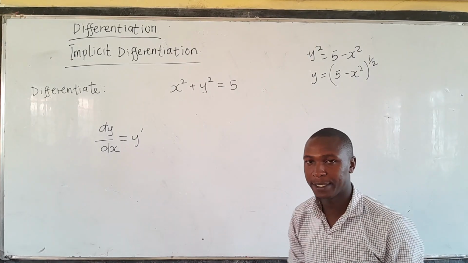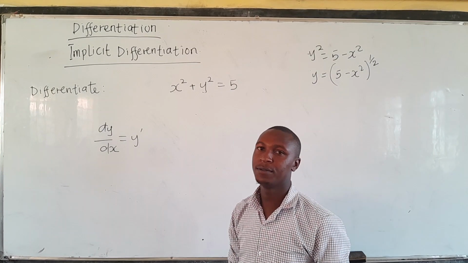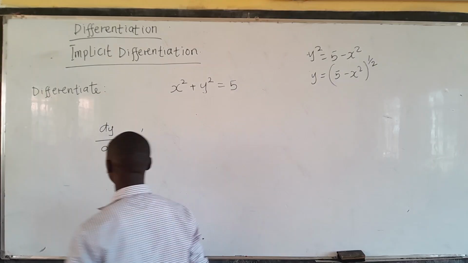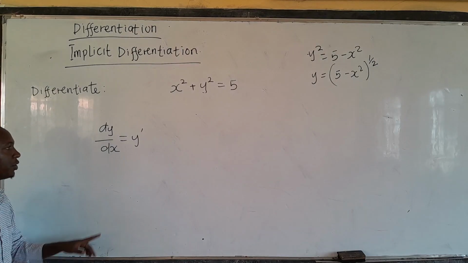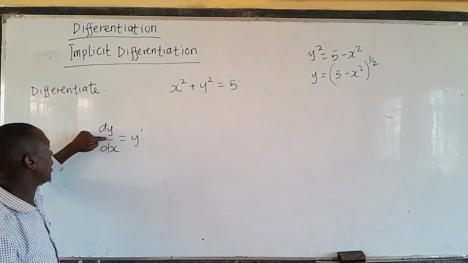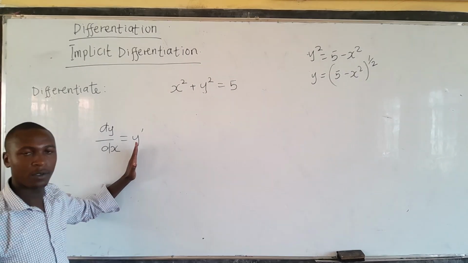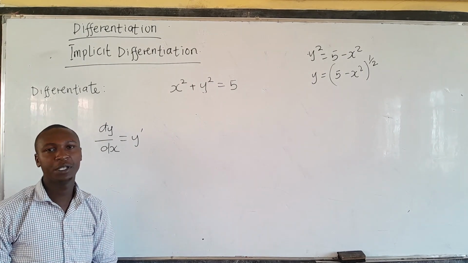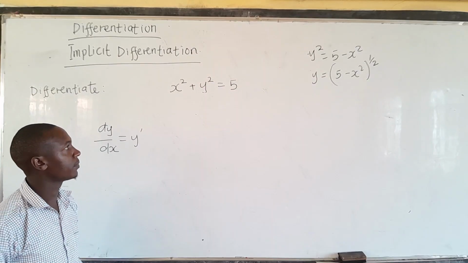So how do we find the first derivative using implicit differentiation? Well, the first thing you do is to write this function in terms of dy over dx. We know that dy over dx is y prime, the first derivative.